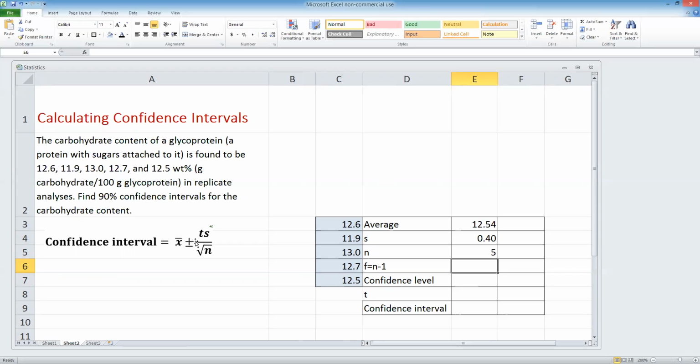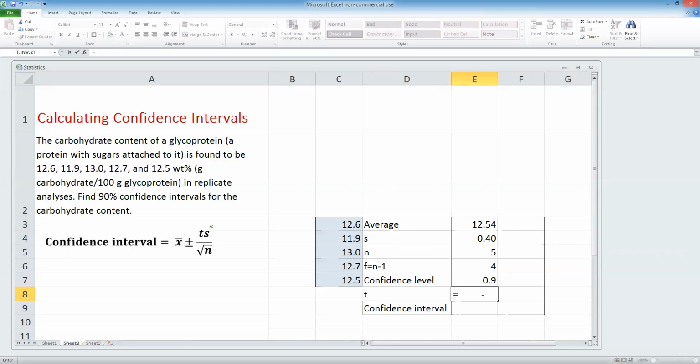the calculation is related to degrees of freedom and confidence level. The degrees of freedom will equal the measurements minus 1. That's 4. And the confidence level, they already tell us it's 90%, right? 0.90. So then you can calculate the student t.